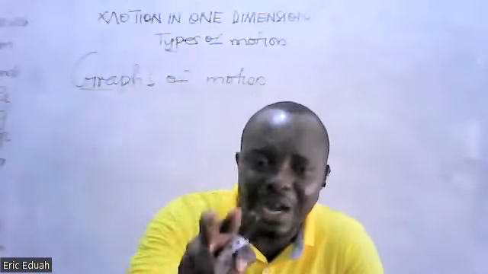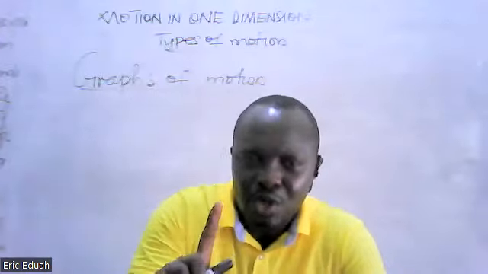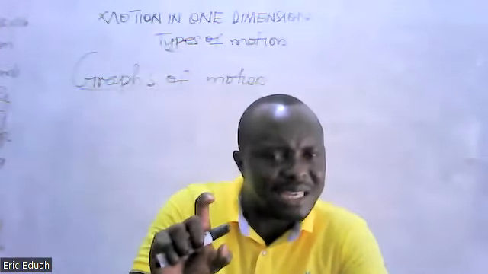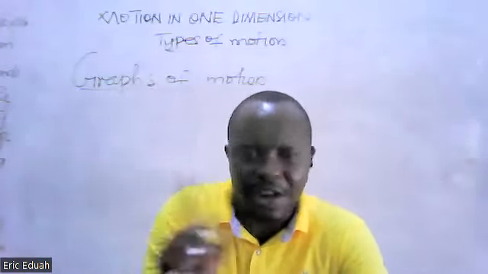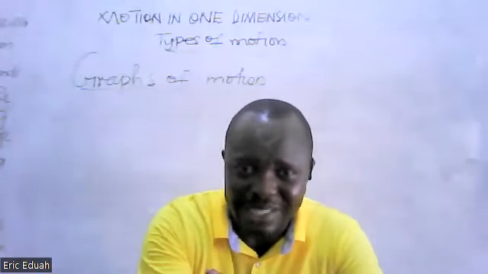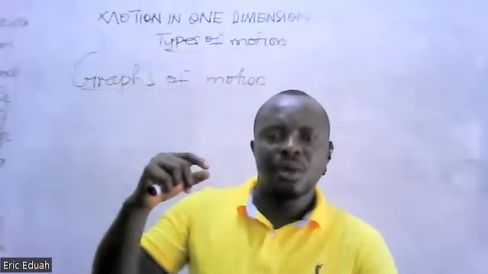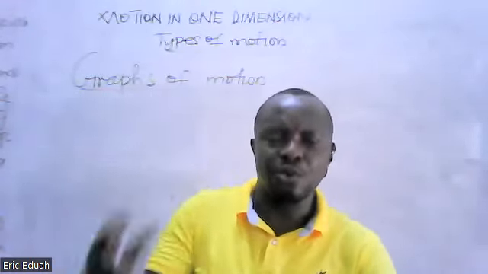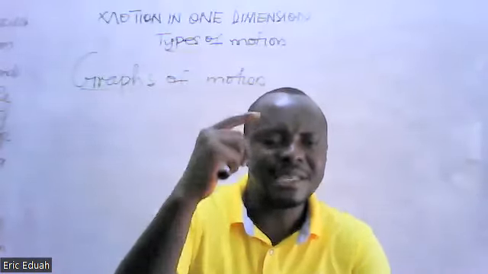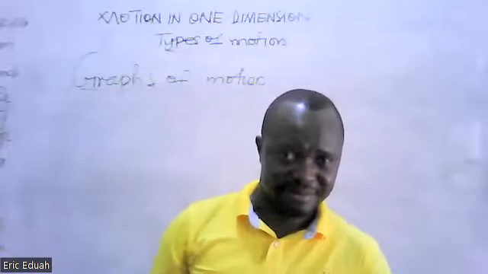It is up to you and I to make use of the time. So we describe time as an independent variable. It doesn't depend on us, but we depend on time. So when it comes to graphs of motion, we are plotting the changing variables with time.